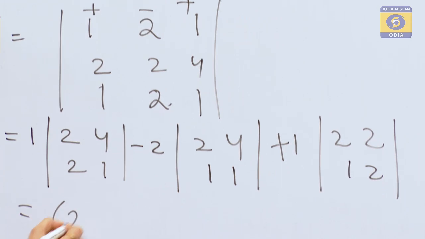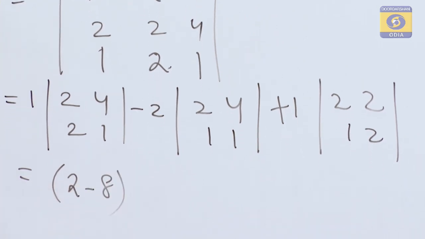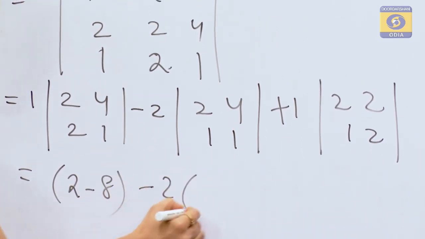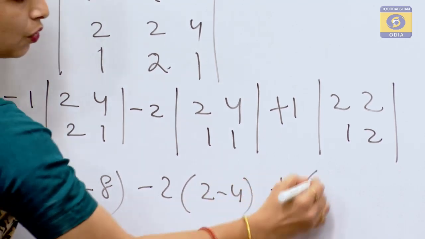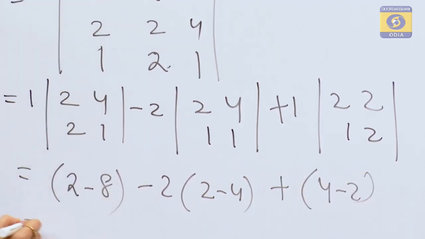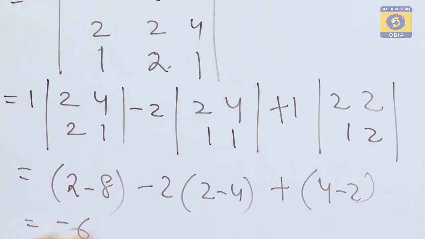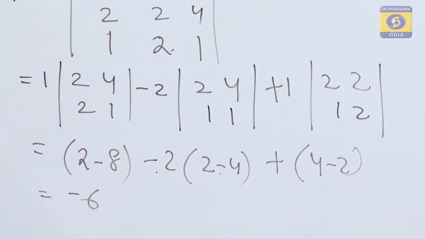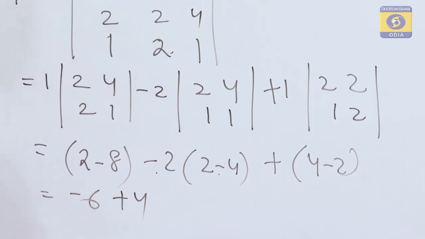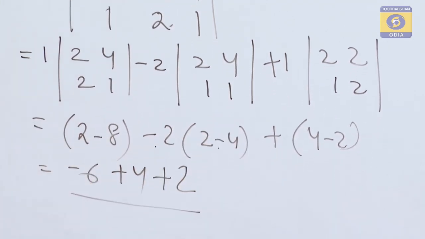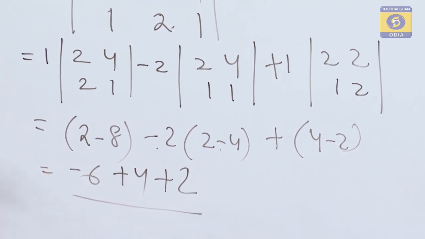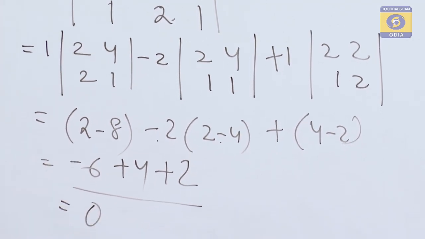So, here we get 2 minus 8, here we get 2 minus 4, here we get 4 minus 2, right. So, here we get minus 6, minus 2 into minus 2 that becomes plus 4, and here we get plus 2. So, the resultant is minus 6 plus 6. So, 0. Hence proved.